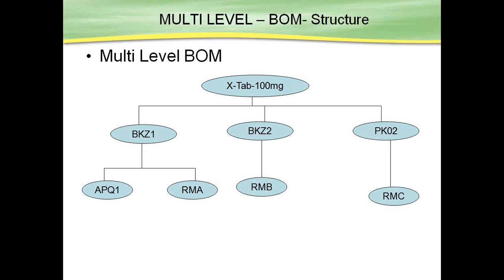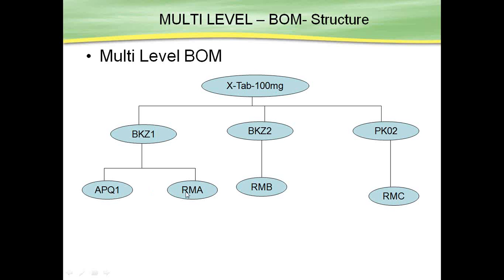Next is the multiple level BOM. Here you can see that your finished product is a 100 mg tablet, and for producing the 100 mg tablet you need BKZ1 as one component, BKZ2 as one component, and PK02 as one component. But BKZ1 also has its own BOM. Under BKZ1, APQ1 and RMA are your raw material.